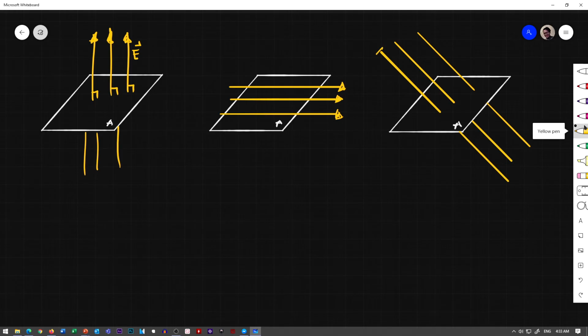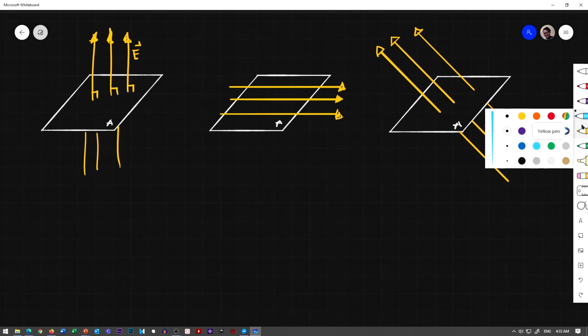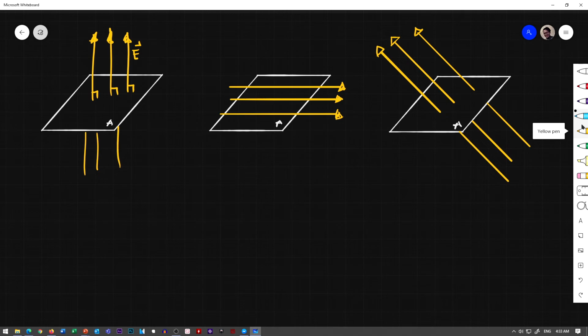Let's say the electric field is passing through the surface in this direction. Let's draw the arrow better. There you go. So it will be angled at a certain way. Okay, so if this is your surface, say this is your surface now.